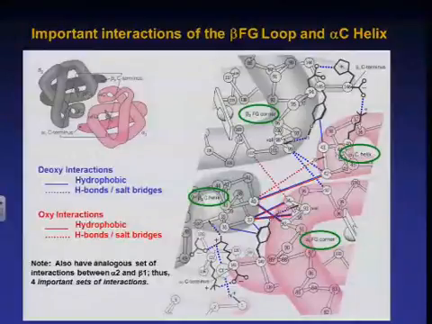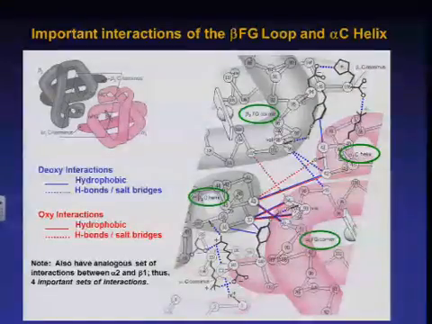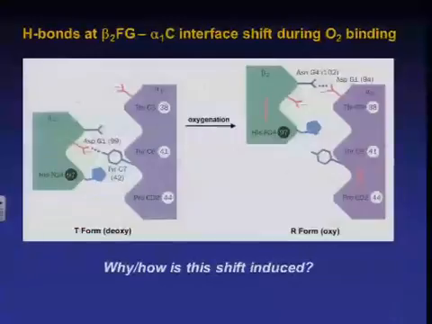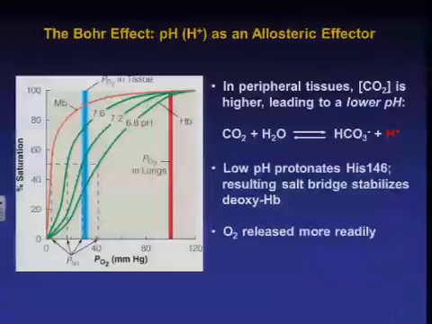Of that histidine. And that is going to affect whether or not you have that salt bridge stabilizing the deoxy form or not, and that's going to have an effect on the oxygen affinity. So as you get to lower pH in the tissues, oxygen is going to be released more readily, and that's what we want to do. All right?